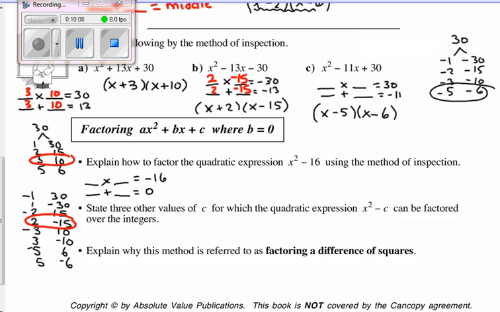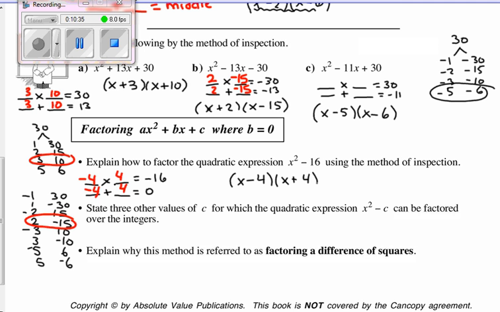Add to 0. So negative 16, we know that one's going to be positive, one's negative, whenever you have a negative product. Yeah, Tim? Negative 4 and 4. Because they have to cancel, they have to be the same number, opposite signs. So what does that become? x minus 4, x plus 4.